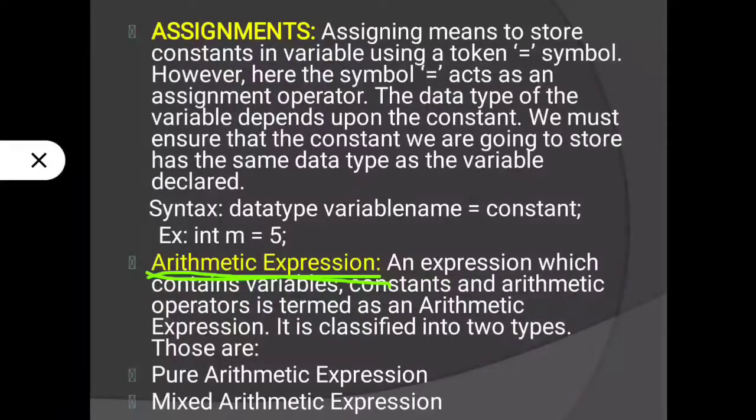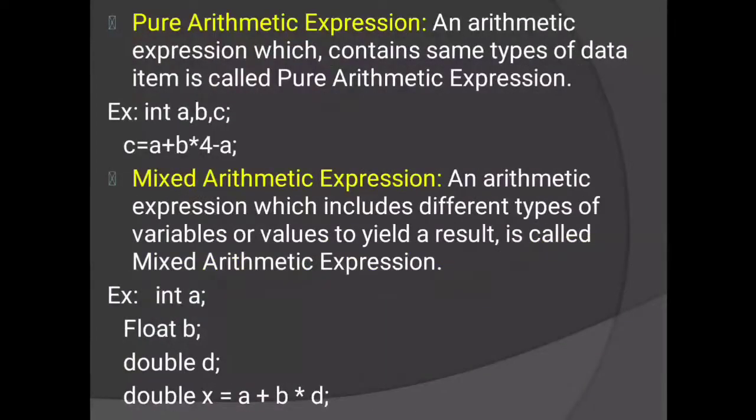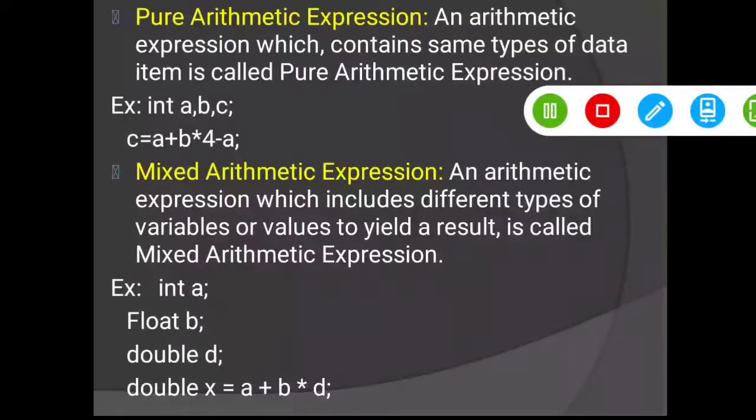The expression which contains variable, constant and arithmetic operator is termed an arithmetic expression. It is classified into two types: pure arithmetic expression and mixed arithmetic expression. Let me discuss the pure arithmetic expression first.